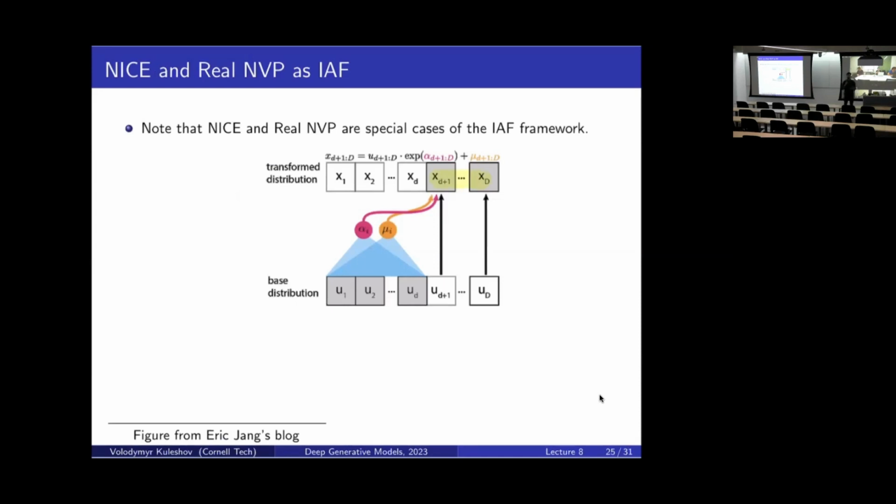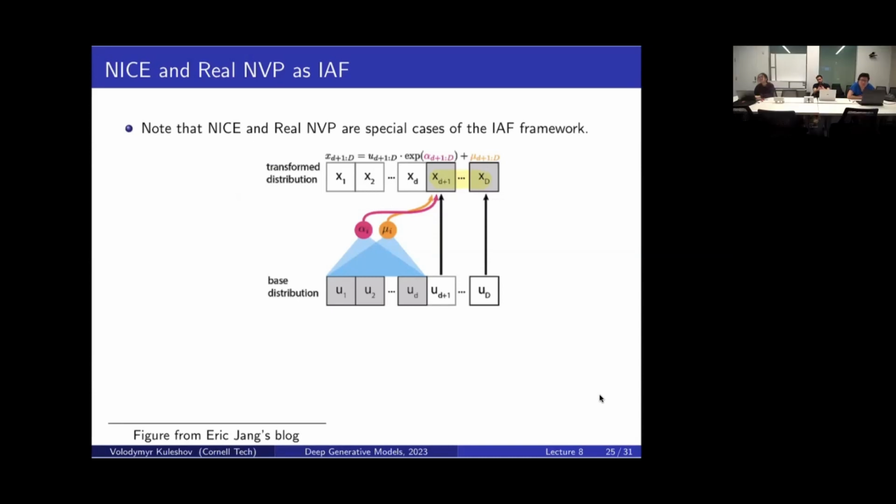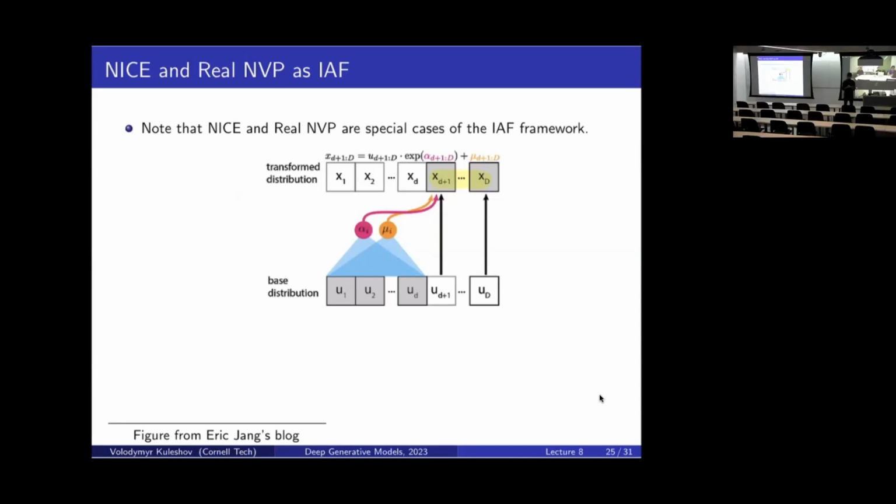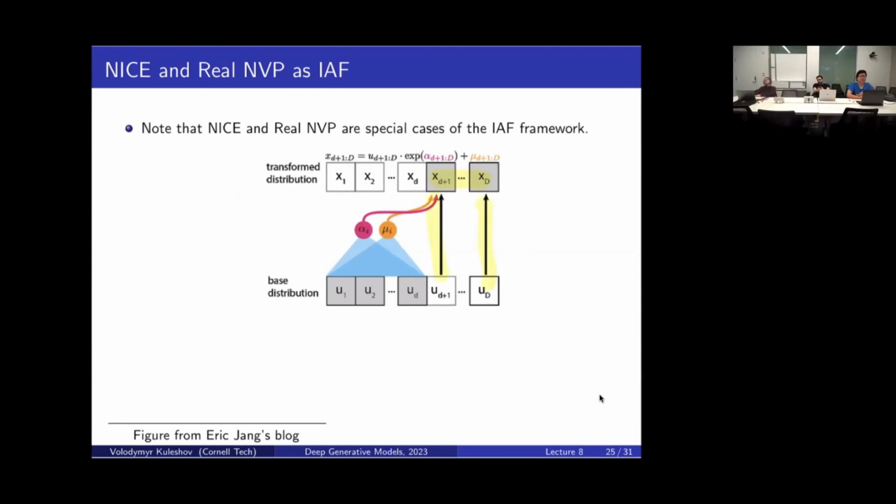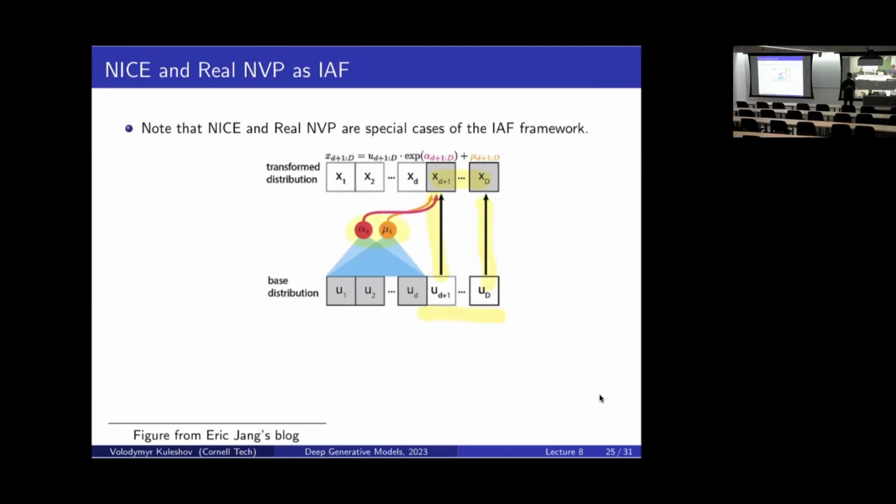Sorry, this figure is taken from another resource, and it implements this forward mapping where we shift and rescale one subset of variables using parameters alpha and mu, which are derived from a different subset of variables. So it is an instance of an IAF framework.